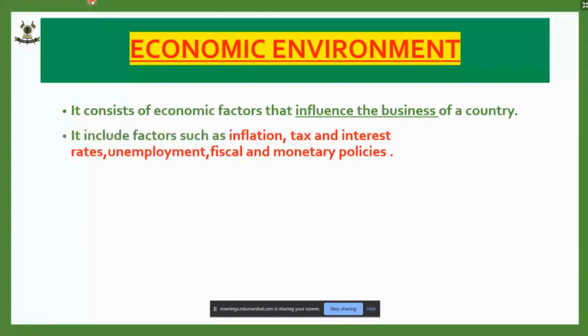Now, what are these factors which make up the economic environment? You identify that if there is inflation, an increase in prices, if tax rates have increased, if interest rates have increased, if there is unemployment, or talk of fiscal and monetary policies, it means there is an economic change coming.